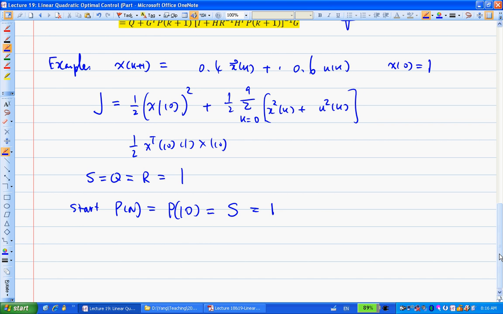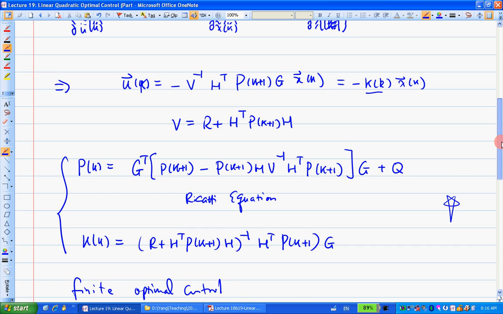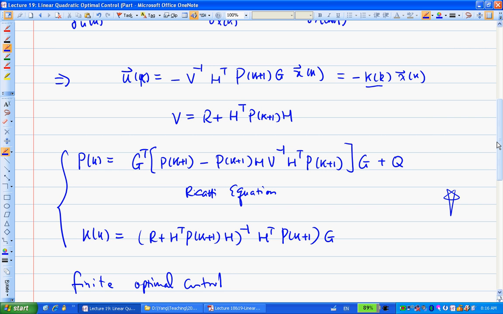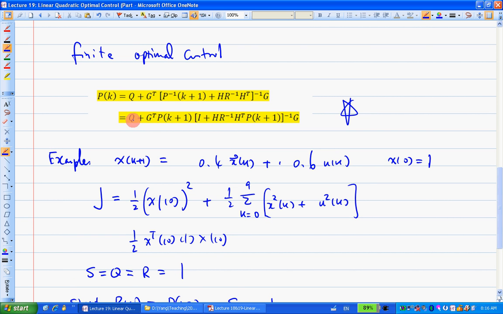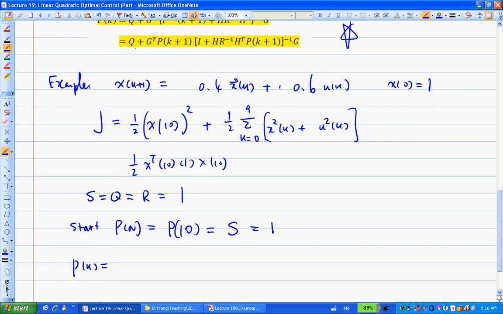So then the discrete Riccati equation for P of k. Let's see which one we shall use. I use equation number 6, just let me double check. Yeah, I tried this one here. So if I use that one, what's the Q value? 1, right? What's the G matrix?